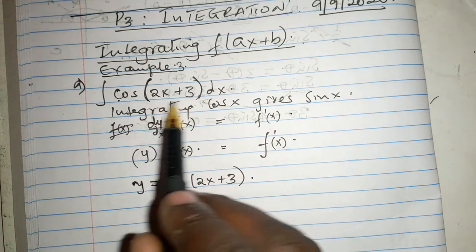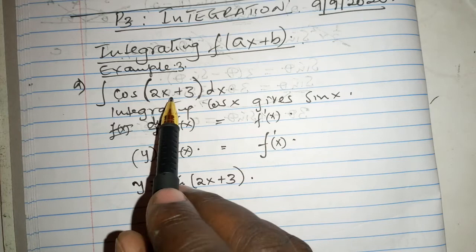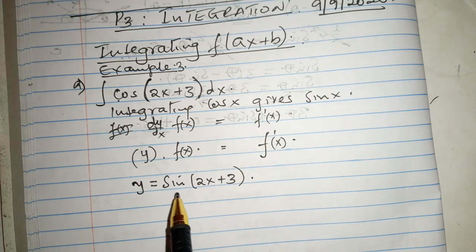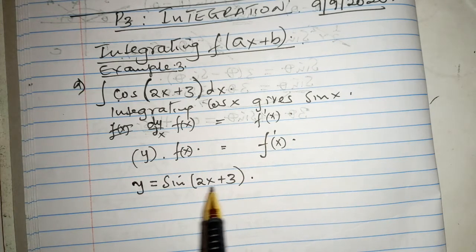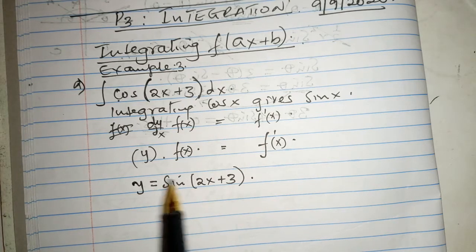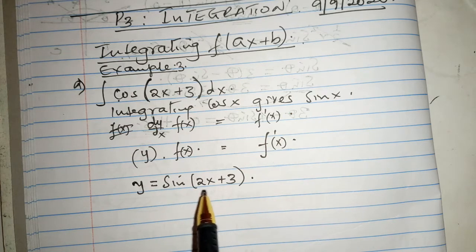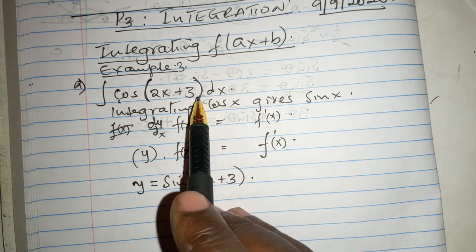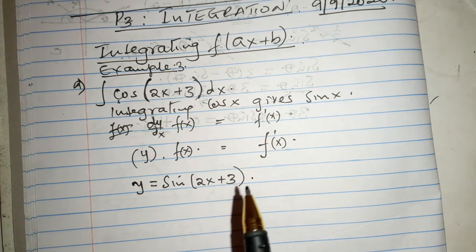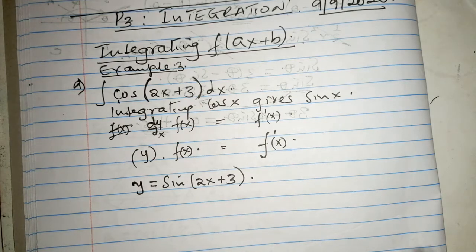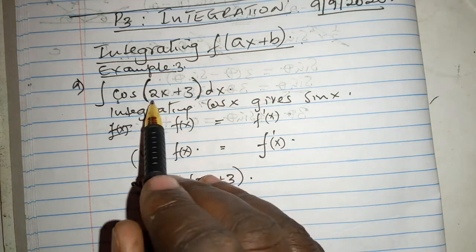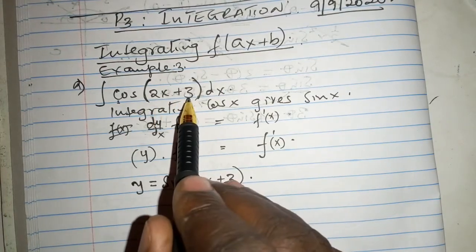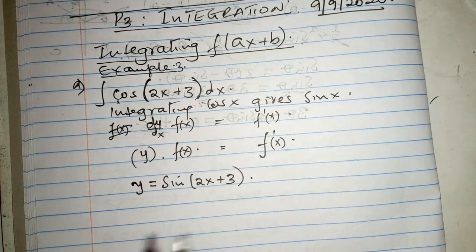So assuming this bracket has just x, the integral of cosine x is sine x. If we differentiate sine 2x plus 3, it should get us back to what we have here. But we are not very confident, because the bracket does not just have x, it has other terms.